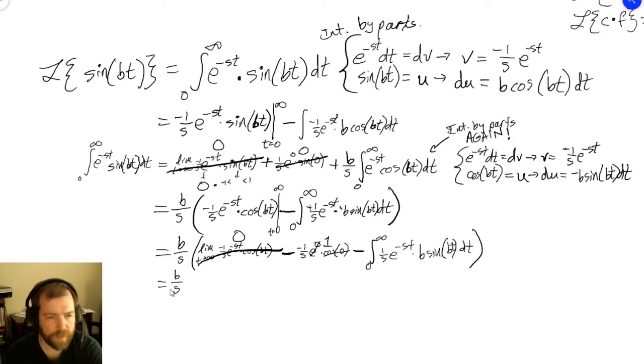This is then b times s times 1 over s minus, again, this is a double negative here, makes these become positive.